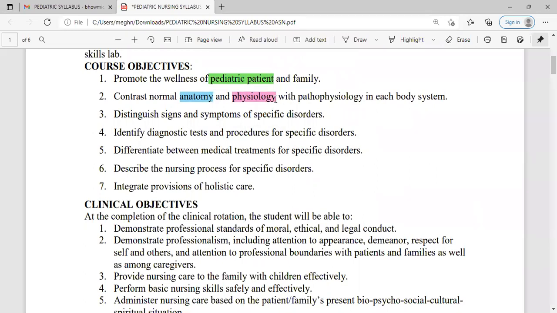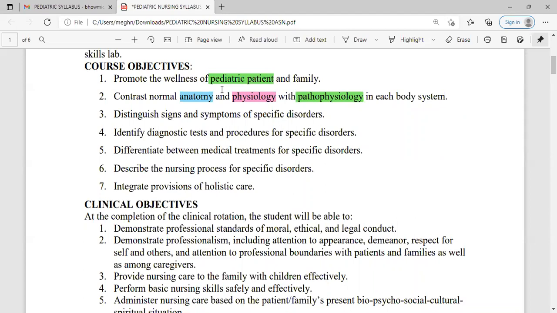If there is any abnormality in the structure of our body or function of the cell, and disease processes start, that is called pathophysiology. Like we will talk about the respiratory system. What is the anatomy of the respiratory system? Nose, throat, lungs. How do the lungs work?